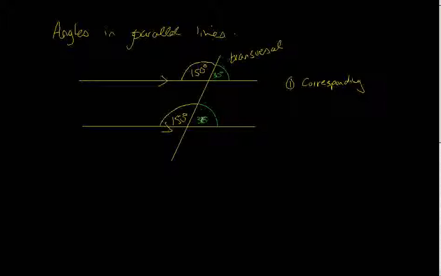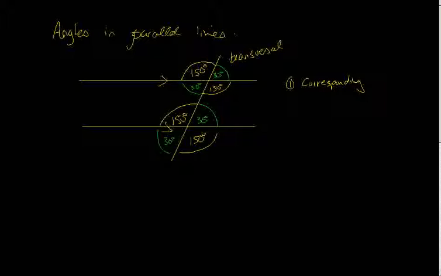So if this is 30, this is 30. Then we can do the same process. This is also a straight line, so this is 180 minus 30, which is 150 degrees. And the same will be over here, 150. And lastly, this is also 30, and I'm sure you can see that now.